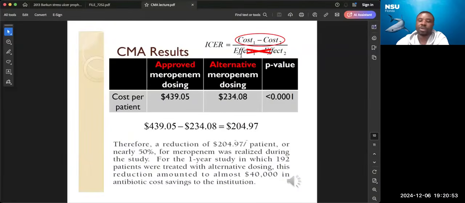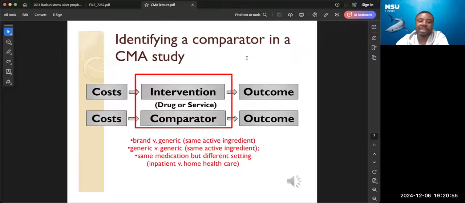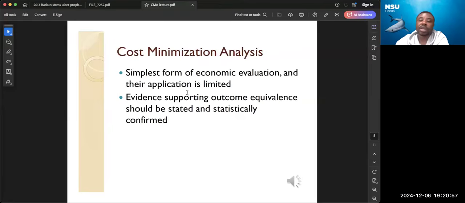So this part is going to be 0. That's what I'm saying: if it is cost minimization, you need to provide evidence that the outcomes are equivalent, and state that they are statistically the same.